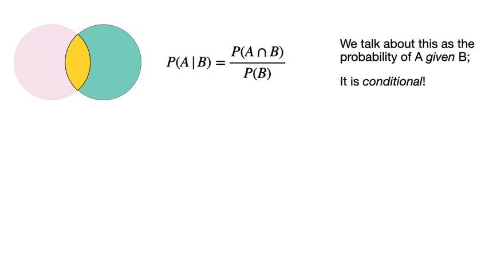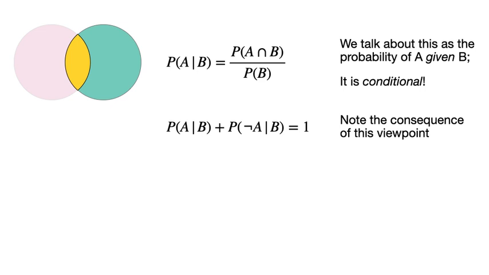We're assuming the blue circle of B has occurred. And given that the blue circle of B has occurred, what's the probability that A has happened? It's that intersection. So the probability of A given B is the area of the intersection, that's the numerator, divided by the whole area of B, the entire circle. Right? That's how we write A conditioned on or given B.